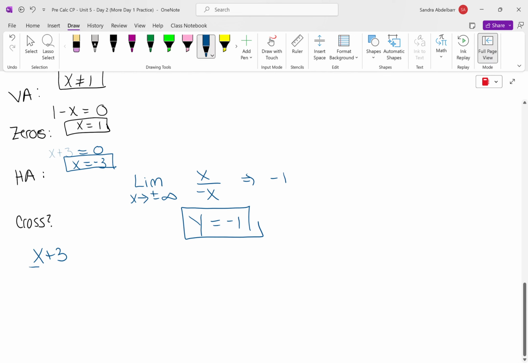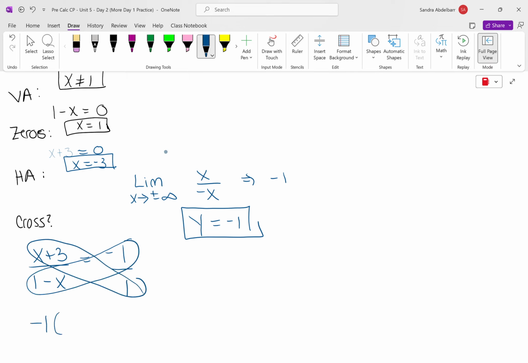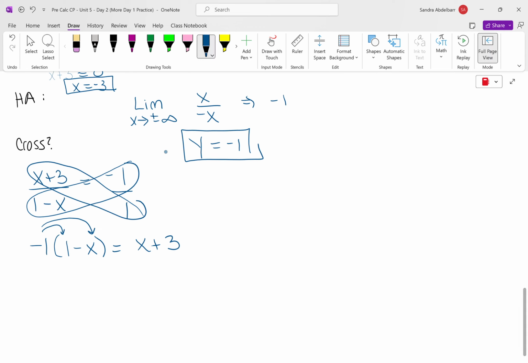So now we're going to ask ourselves, does it cross? So the way you figure that out is you take your original function, which is x plus 3 over 1 minus x, and set it equal to the horizontal asymptote, which is negative 1. When you cross multiply this, you're going to get negative 1 times the quantity of 1 minus x equals x plus 3.